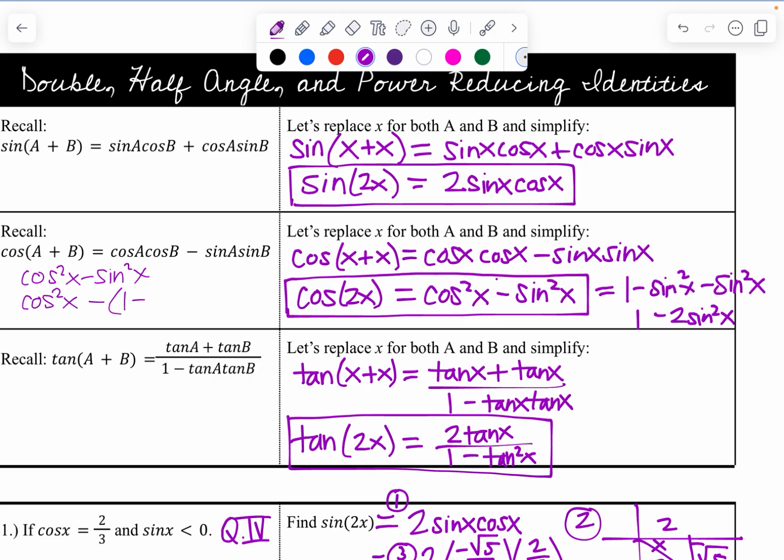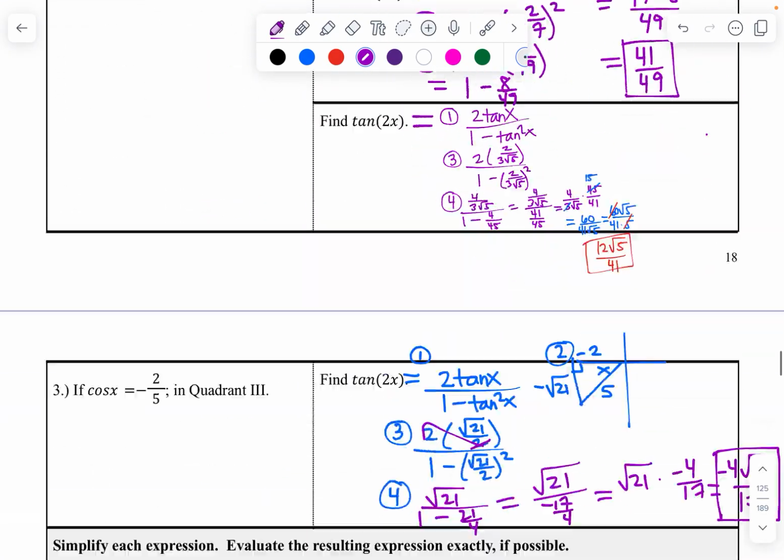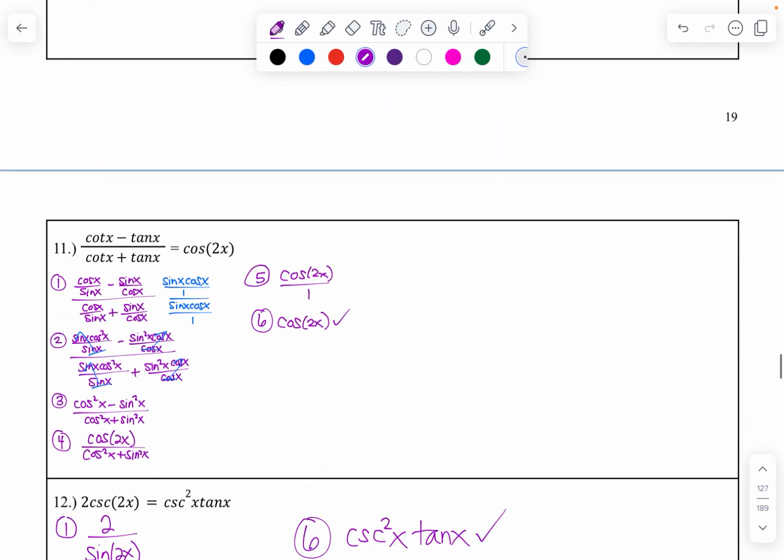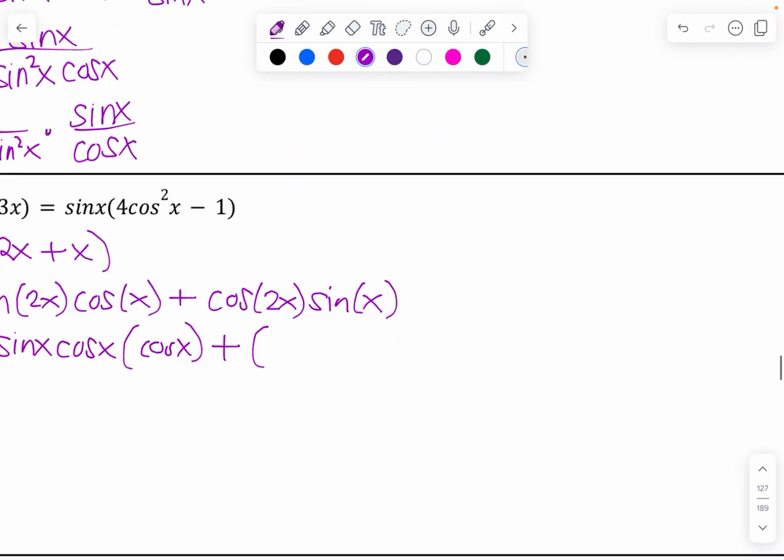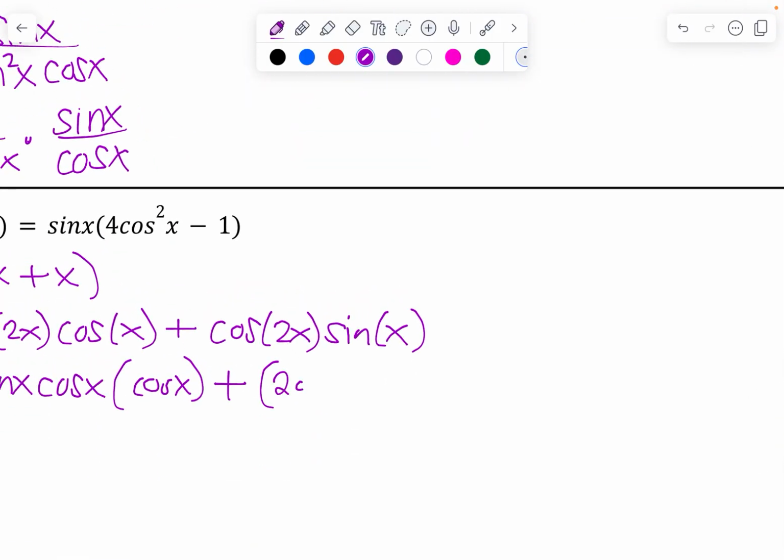We know sine squared equals 1 minus cosine squared x. And so if we distribute, we've got cosine squared x minus 1 plus cosine squared x. And so if we combine like terms, we have 2 cosine squared x minus 1. So that's yet another way we can express that cosine of 2 theta, and that's the one we want, 2 cosine squared x minus 1. And that's being multiplied by the sine of x.